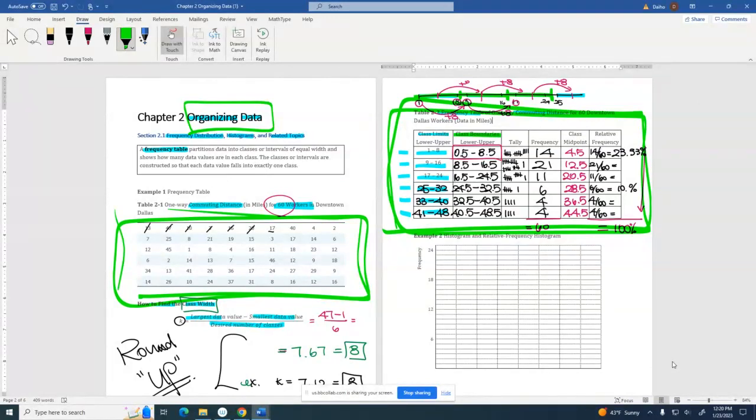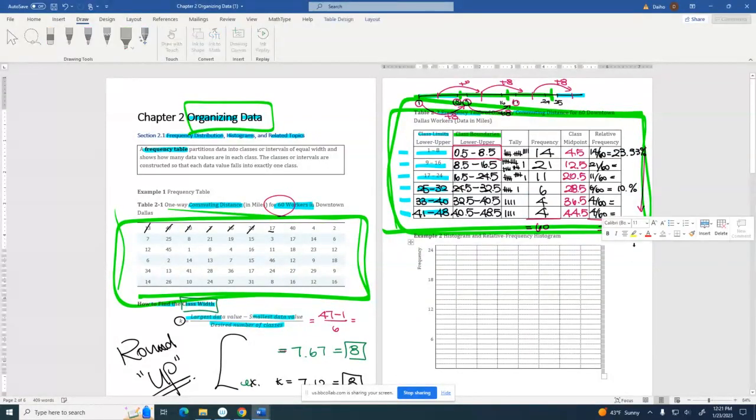It makes sense, right? So it is much easier because we already organized and summarized the 60 data. It is much better than this. It's good, right? Any question for the frequency table?